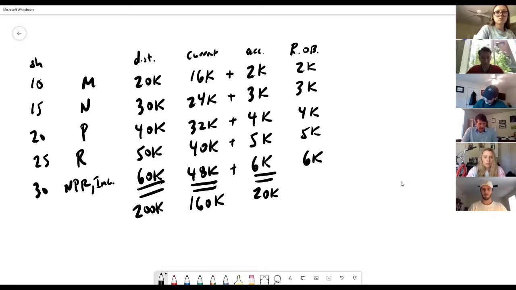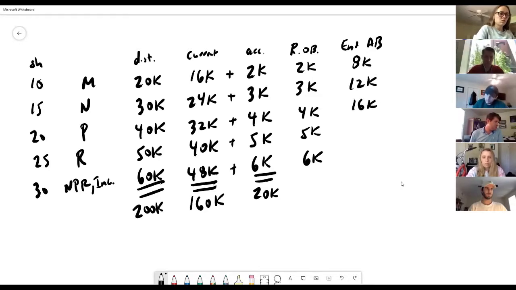And so we can put our ending basis here. Is our original basis, which is 1,000 per share. So 10,000 minus 2 is going to be 8. 15,000 minus 3 is 12. 20,000 minus 4 is 16. 25,000 minus 5 is 20.